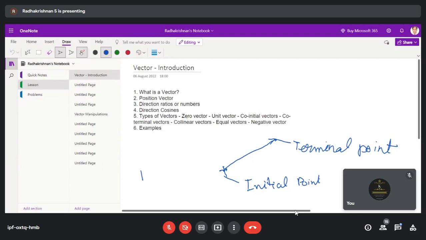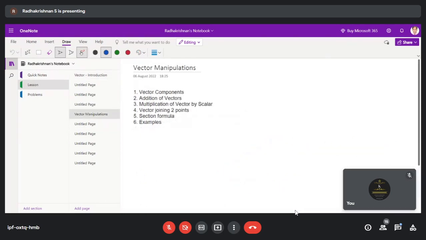Then we saw about zero vector, unit vector, co-initial vector, co-terminal, collinear, equal and negative vectors. Then vector components in the three coordinates i, j and k, addition of vectors, multiplication of a vector by a scalar, vector joining 2 points, and the section formula to divide a line joining two position vectors in a ratio m:1, and we saw some examples.